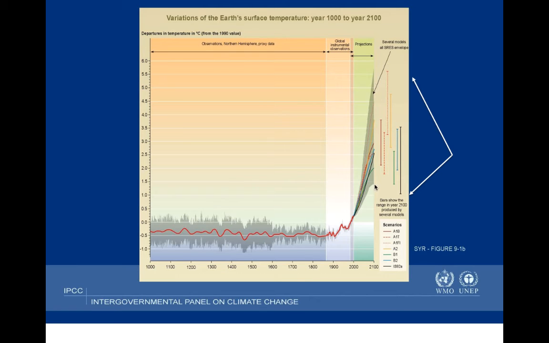You get this very wide range of uncertainty, this gray around here, which represents this totality of this scenario uncertainty and this model uncertainty. So we've moved from observational uncertainty with natural variability to this combined uncertainty about the future that's wrapped up in the model uncertainty and in the scenario uncertainty.